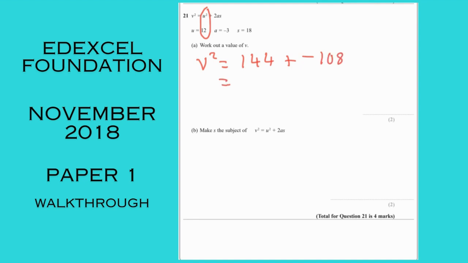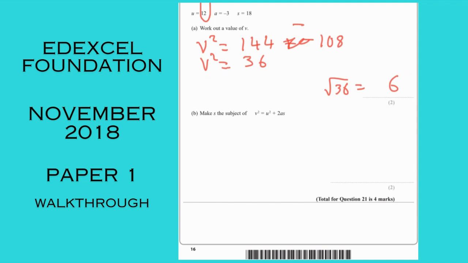Two adjacent signs, if the signs are different, can be replaced with a negative, giving us 36. And so that's v squared, don't forget. So we're going to square root 36, and we get 6.